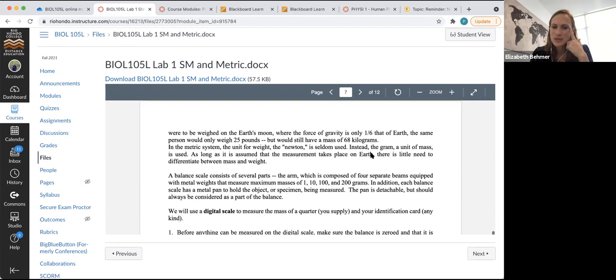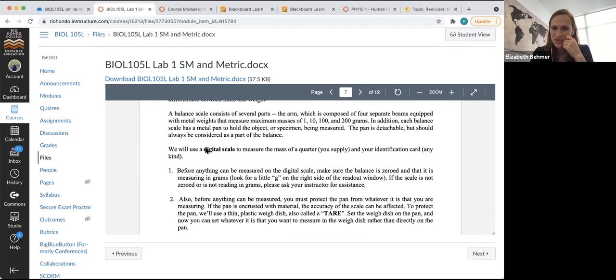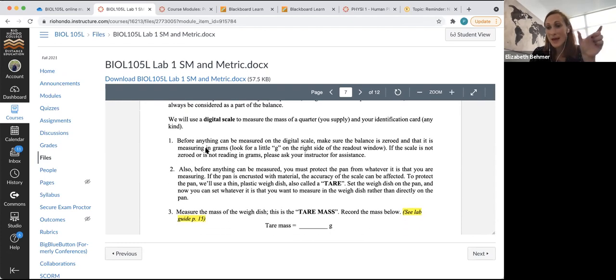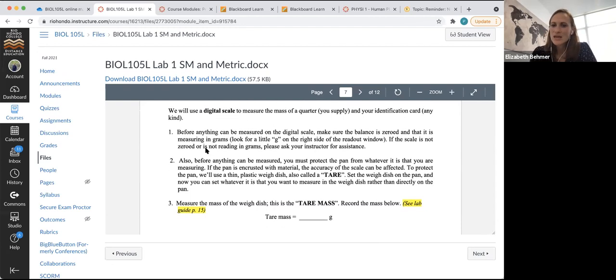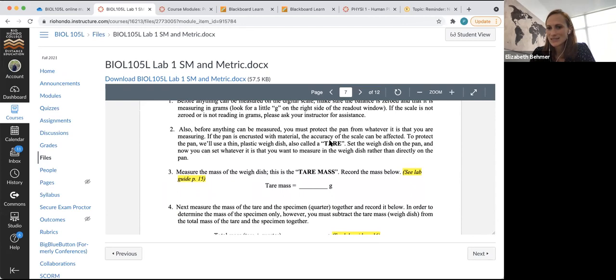So as we go through this, you guys are going to be in lab. We're going to pretend that we have a digital scale and are measuring the mass of a quarter, but the lab guide will take you through this. Before you begin measuring anything in a lab setting, you need to tare the plastic weigh dish. What that means is that if we have a weigh scale, we're going to put a plastic weigh dish on the scale to measure what we put in it.